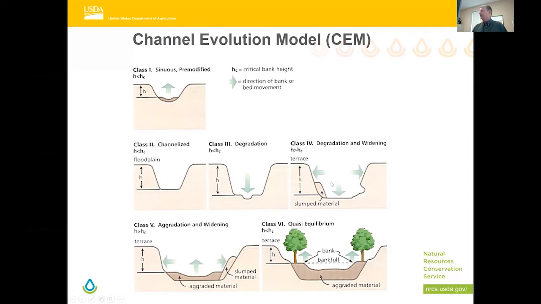Then in stage 4 of the channel evolution model, you get widening starting to happen as a byproduct of the stream getting deeper. Then class 5, maybe the stream has stabilized the bed, but you can still have widening. Then you reach a new phase of quasi equilibrium until something else happens in the watershed. But you've reached this stage of equilibrium where there's a new bankfull height, a new floodplain that's formed inside the channel. So we'll talk about channels that show that.